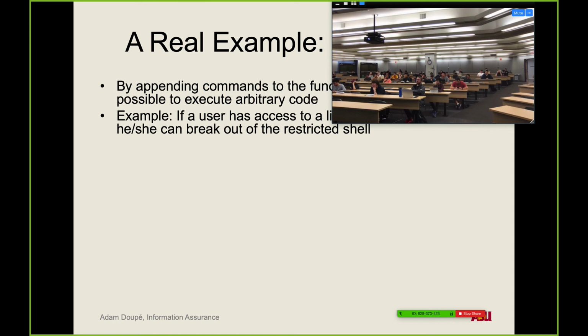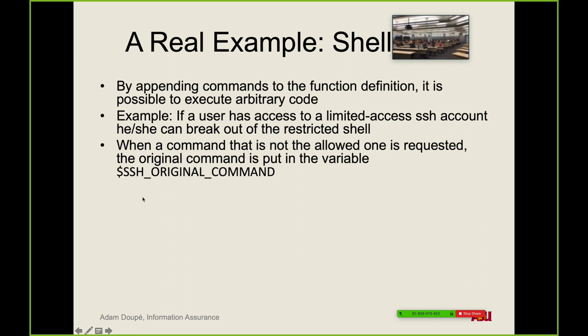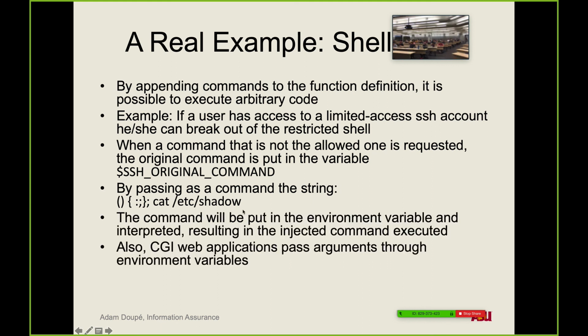Environment variables are set based on the user for that command. So you could SSH to their system and set an environment variable that would execute Bash code on their system as that user. So you could pop any kind of these restricted shell SSH accounts. So this was the command. The original command got put into an environment variable. You could cat /etc/shadow. You could kind of do whatever you wanted in here.